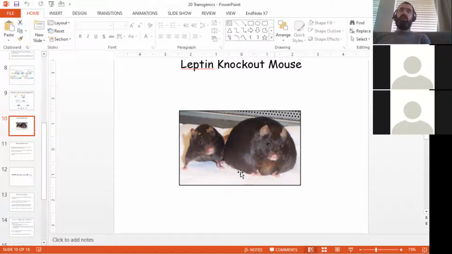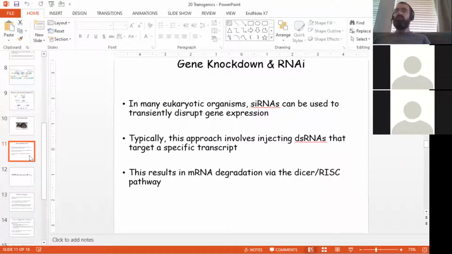And so a very powerful technique, which is kind of like the other half of my toolbox in my lab, is using something called RNA interference, right? So this isn't a knockout, right? You don't change the genetic information of the organism that you're studying.